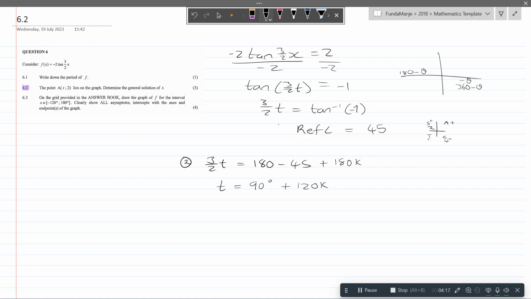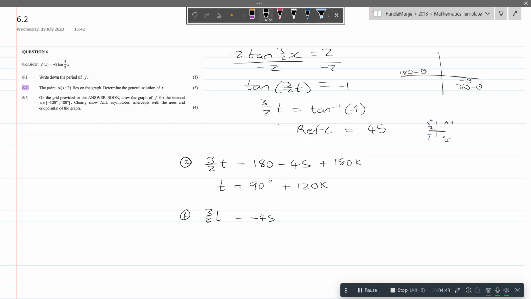And then the other answer that you could give, it's enough to give the first one, but you could also give both or either one. So again, 3 over 2t is equal to, in this case it's not 180 minus, but rather you can just put minus 45 and then work it out that way.